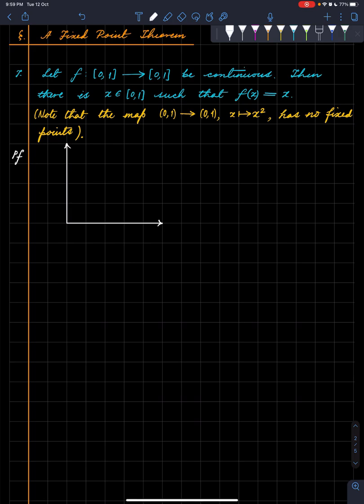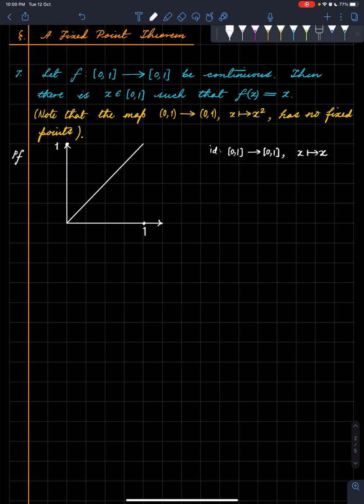So here we have the function. We'll draw the graph of the function later. Suppose first we draw this line, which is the graph of the identity function. The identity function, recall, is the function which takes little x to x. So this is 1 and this is 1.